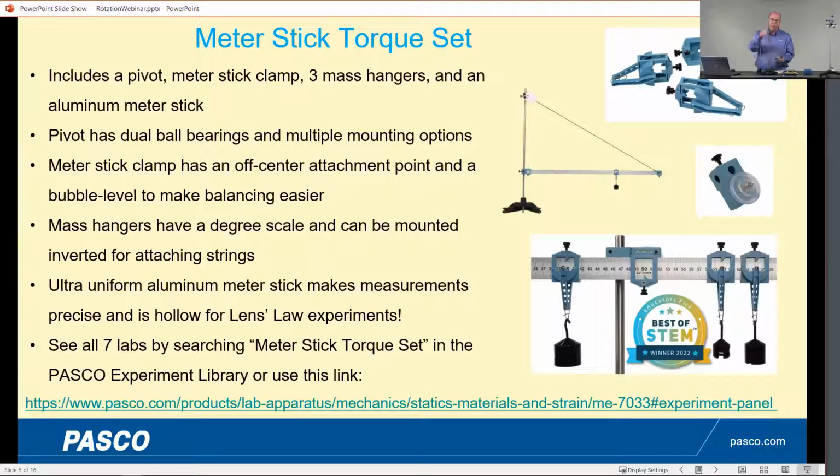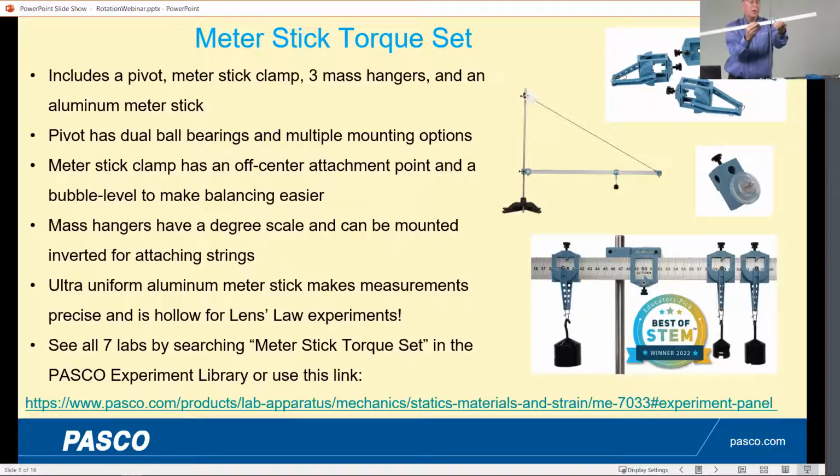And I'm just going to attach it to the rod stand. Another thing to see is there are 2 holes you could use to attach it to the pivot. And I have picked the one off center. And so that helps if you're doing balancing experiments, because when I attach the meter stick to it, you're going to see the bubble level on top.